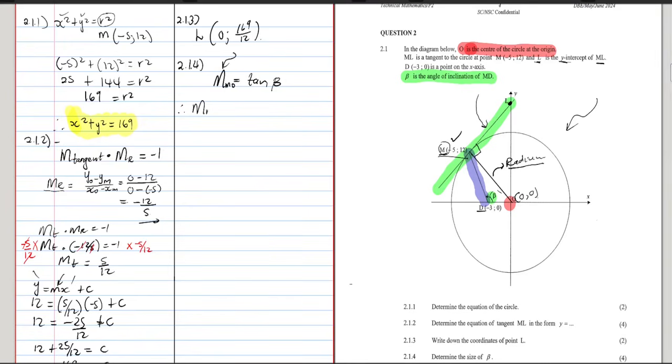Therefore, gradient MD is equal to ym minus yd, divided by xm minus xd, which is ym, that's 12, minus yd, that's 0, divided by xm, that's minus 5, minus xd, that's negative 3, equals 12 over negative 5 plus 3, that's going to be negative 2, equals negative 6. So that's the gradient.